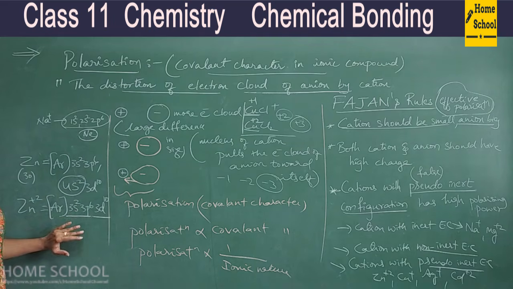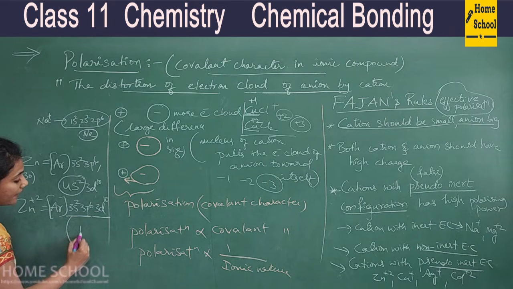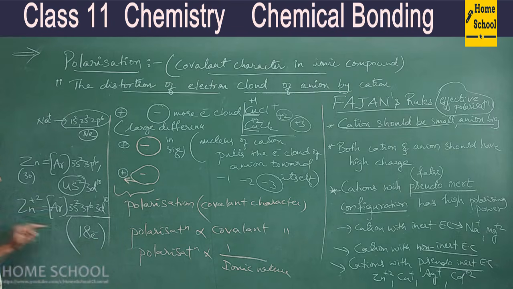This is stable itself. You see, all orbitals are completely filled. S orbital with 2 electrons, p orbital with 6, d orbital with 10. That means our third shell is completely filled with 18 electrons. It is completely stable, but the electronic configuration is not similar.